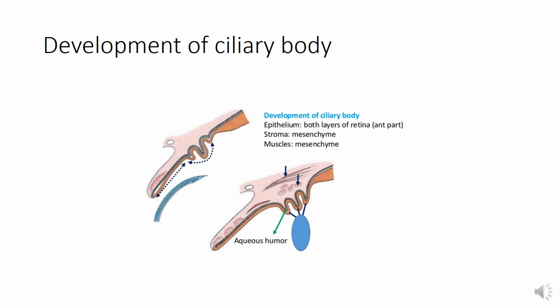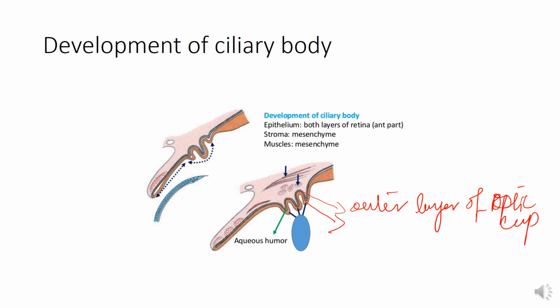So the pigmented epithelium of the ciliary body is derived from the outer layer of the optic cup, and the inner layer of epithelium, the ciliary epithelium, is derived from the inner layer of the optic cup.